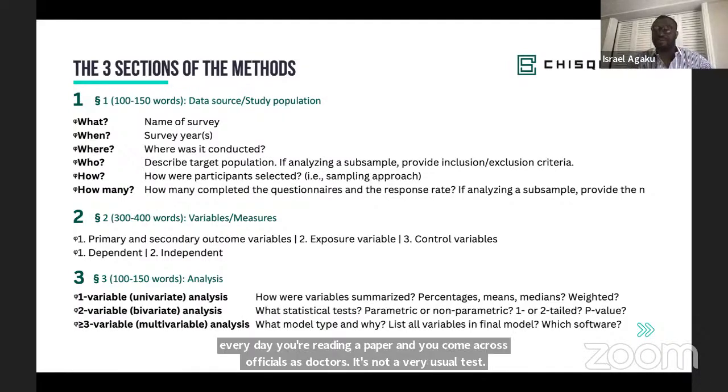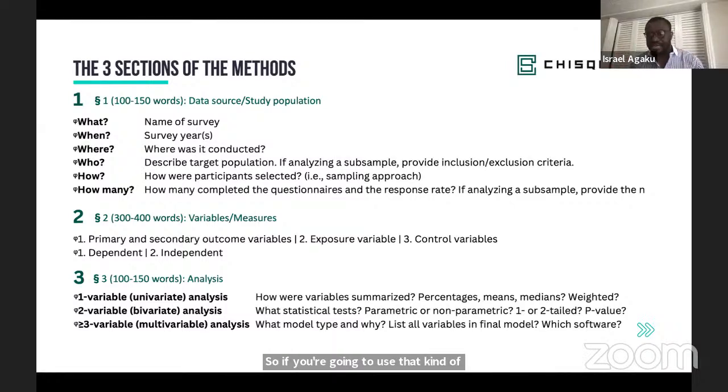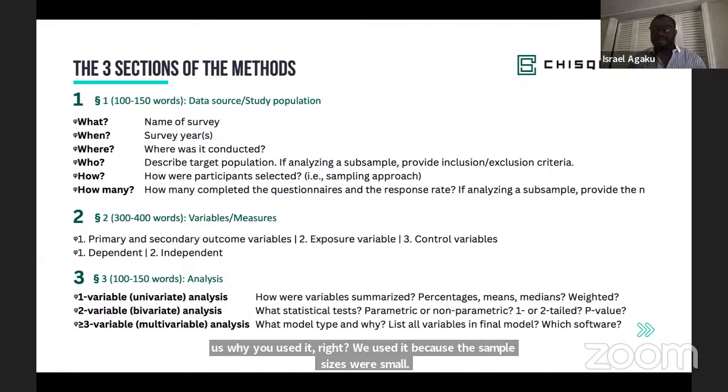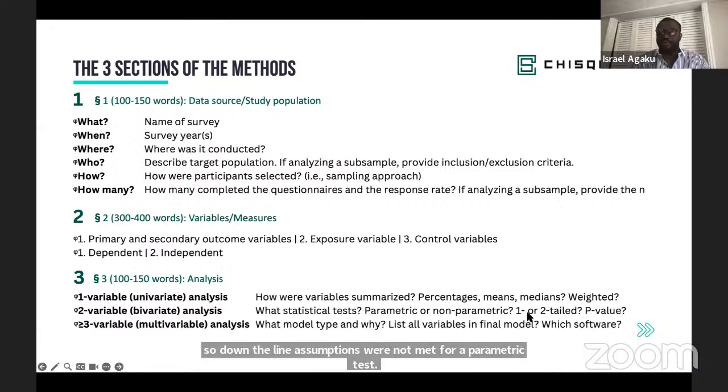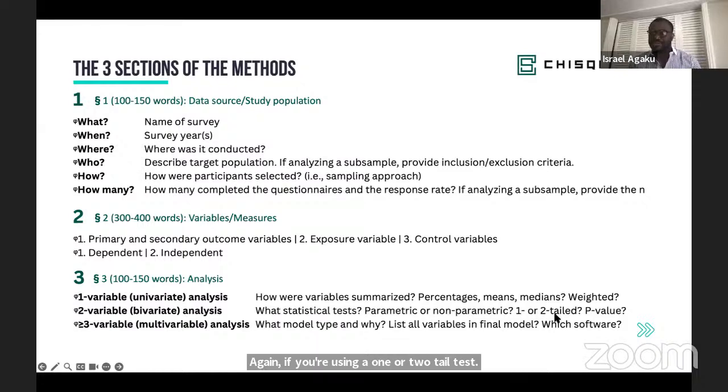So if you're going to use that kind of unusual or rare non-parametric test, tell us why you used it, right? We used it because the sample size was small, and so the underlying assumptions were not met for a parametric test. Again, if you're using a one or two tail test, most studies will use a two-tail test. So if you end up using a one-tail test, obviously I want to know why you use a one-tail test.